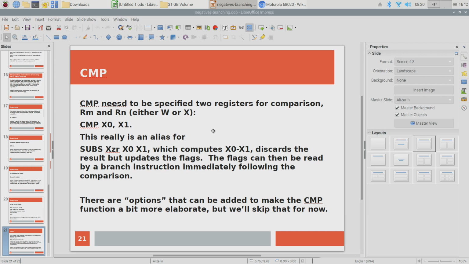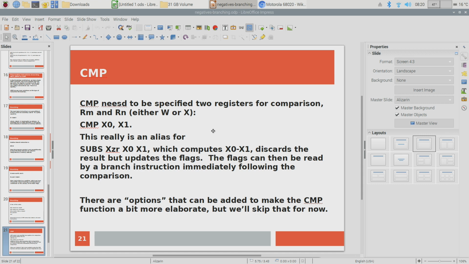And so what a comparison operation is going to do is actually subtract one of them from the other. But here's what's sort of interesting. When you type compare x0, x1, what is it going to do?